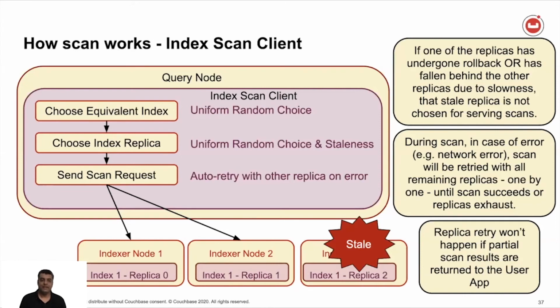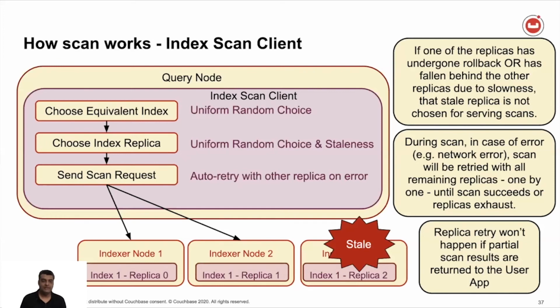The second step that happens here is, after choosing an index, a replica is chosen. So in this particular diagram, we can see that there are 3 indexer nodes and a total of 3 replicas. In the second step, with the help of uniform randomness and by considering the staleness aspect, an index replica is chosen. In this example, replica 2 is stale. A replica can go stale either because it is slow or because of a rollback.